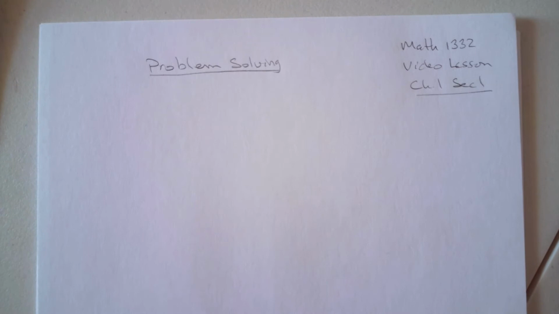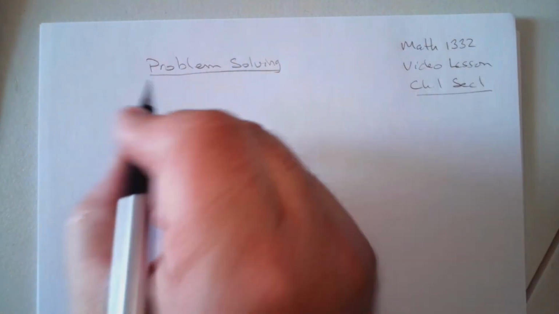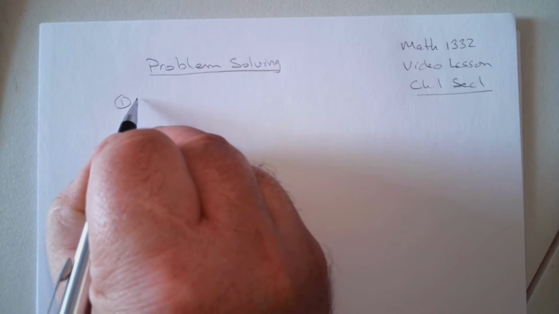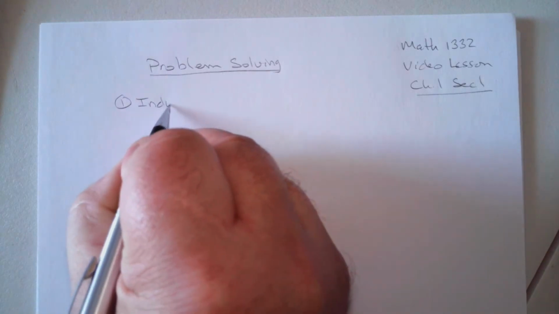The process of problem solving, there is no one right answer, because it all depends on what you're given, what you have to work with, and what the problem is. So we're going to look at three particular parts. One is called inductive reasoning.